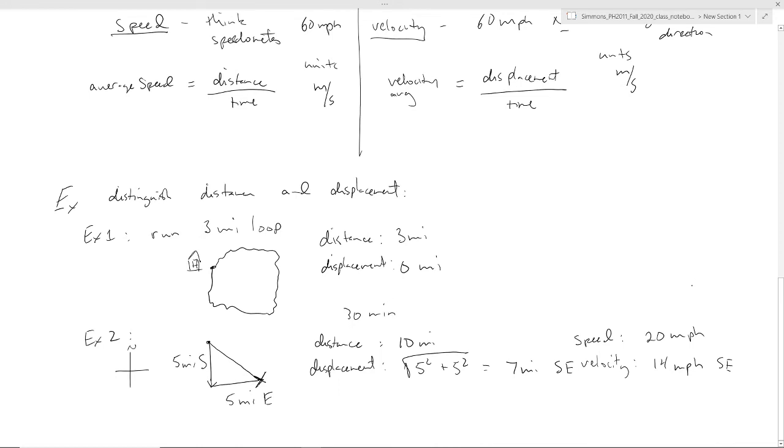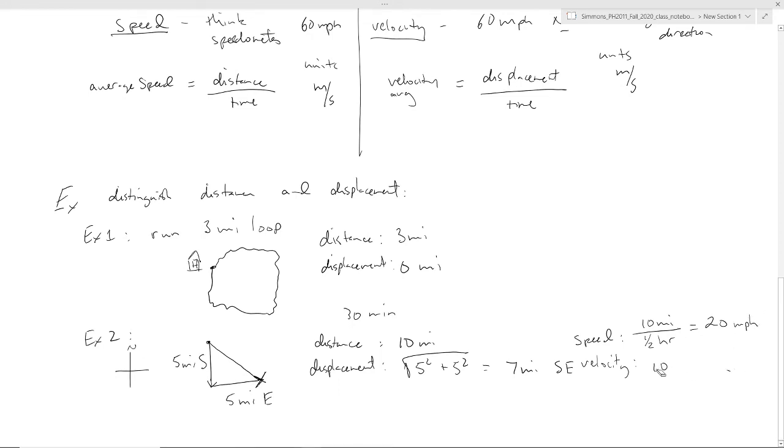So 10 miles divided by 30 minutes. Here, let me just be more explicit about this. So this would be 10 miles divided by 1/2 of an hour. These aren't really the proper units. We don't work with miles and hours so much, but this is just to give you something that's a little more familiar as we get started. So this would be 20 miles per hour.